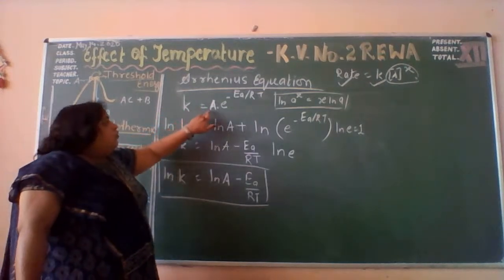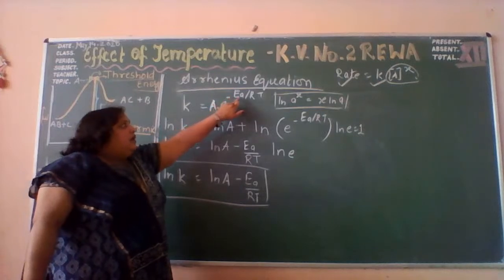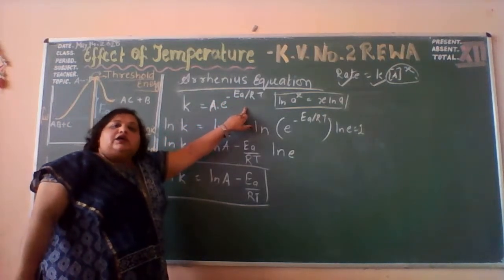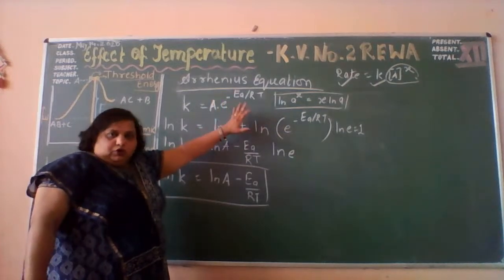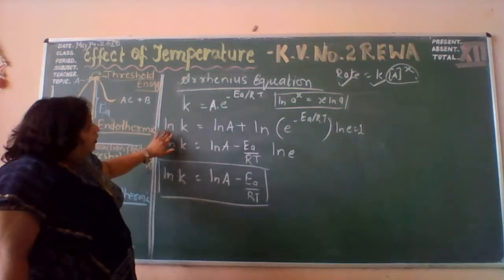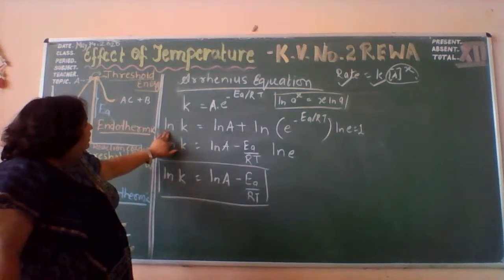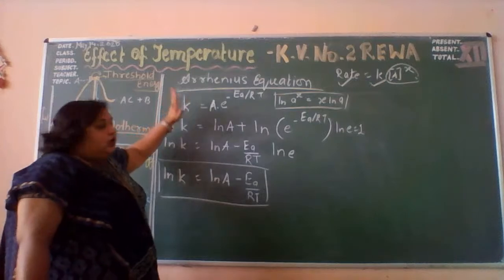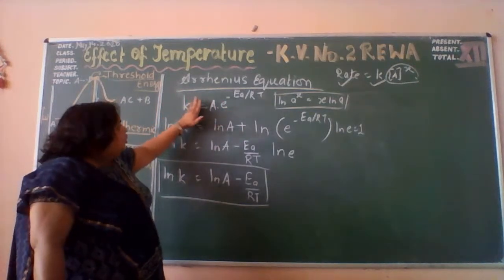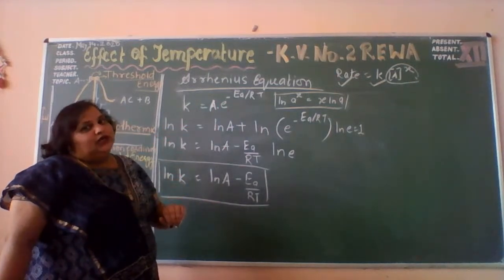k is equal to A dot e to the power minus Ea upon RT. This comes from the kinetic equation of the gas. You need not derive it here. You have to directly use it. Now I have taken the logarithm of the equation. Any property, if you have to use in the equation, should be equally used on both sides.